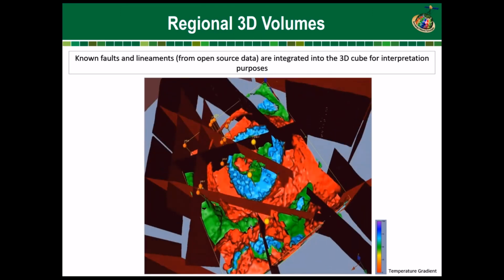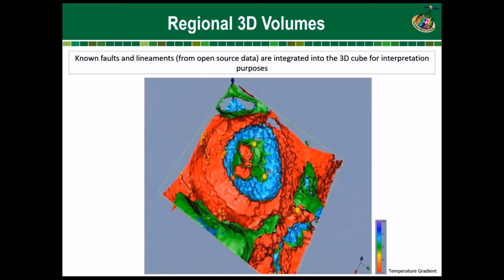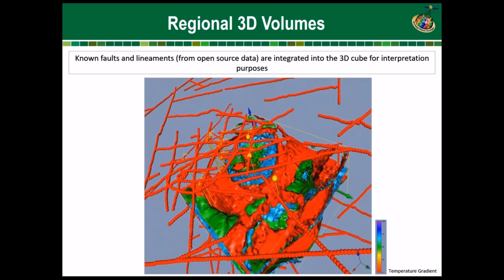So what you see here are different faults that we inserted into the 3D volume. In this case, this is the 3D volume of the distribution of geothermal gradients. And some of these conclusions will be seen in a short while.